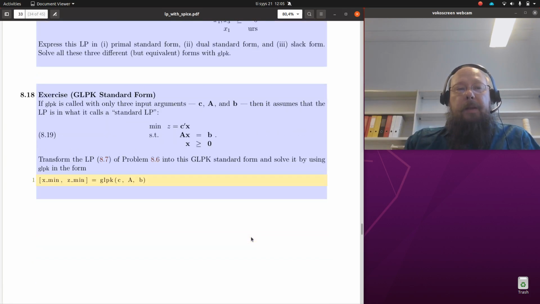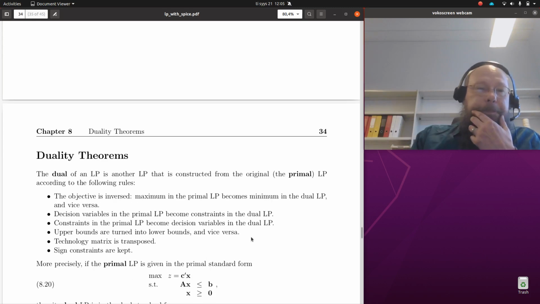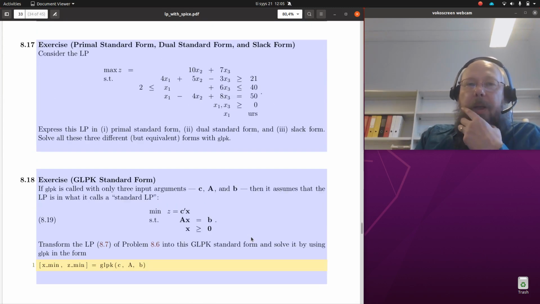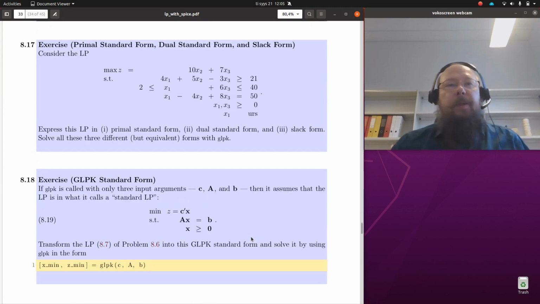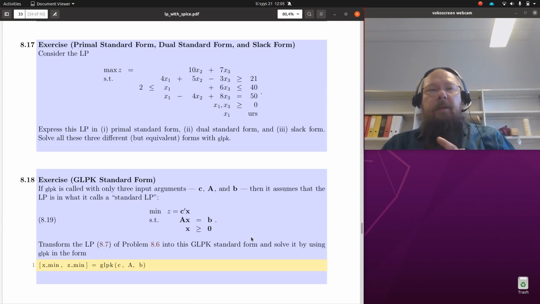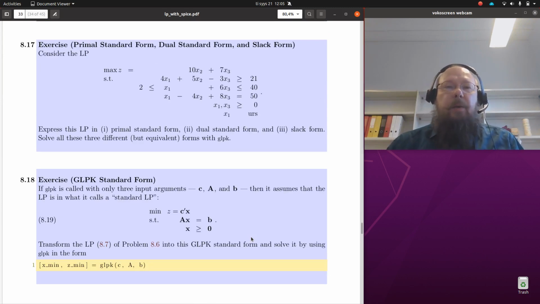All right. So then we have left a couple of exercises for this section. Let me shortly go through them and give some very minor hints. Exercise 8.17: primal standard form, dual standard form, and slack form. Here we have to consider an LP.